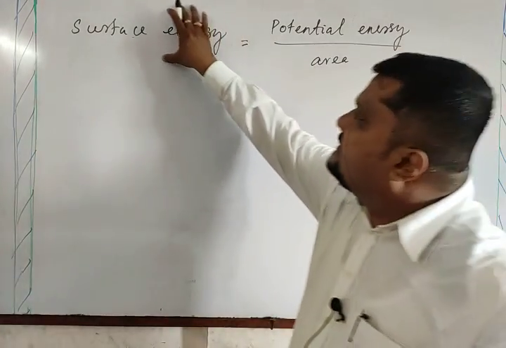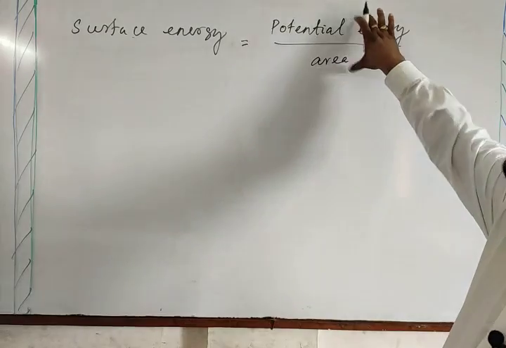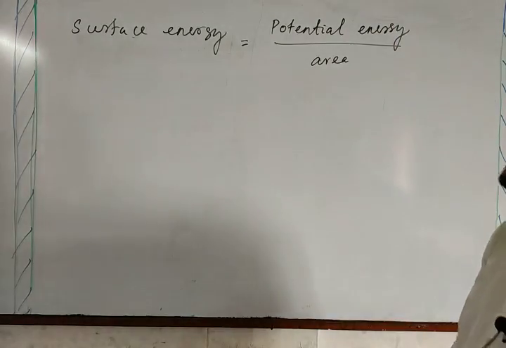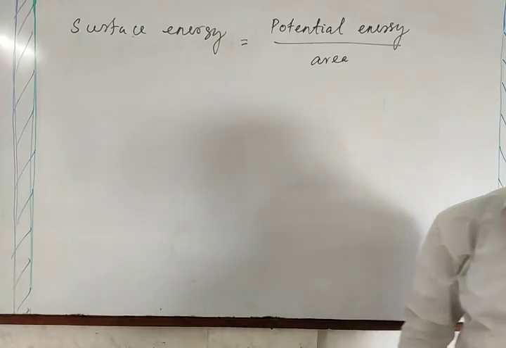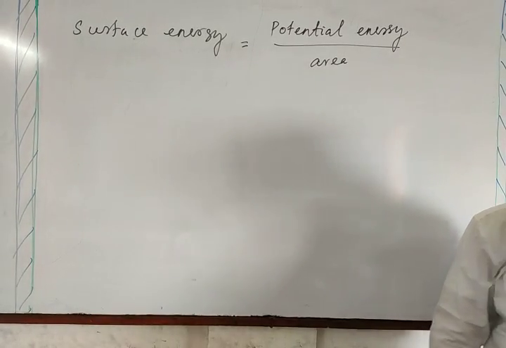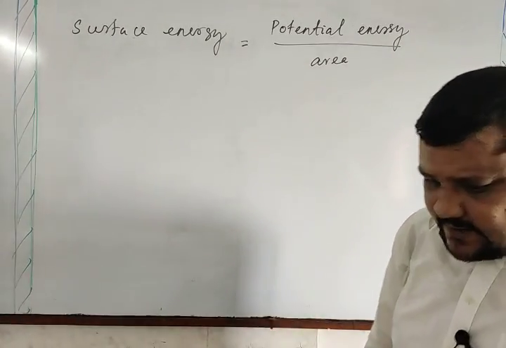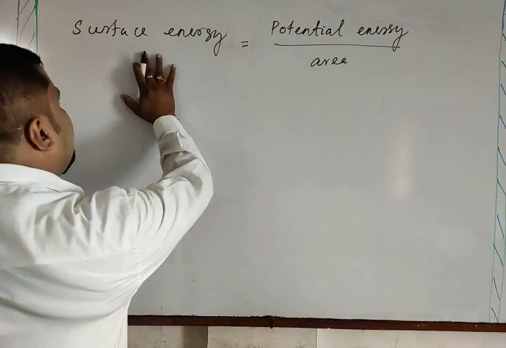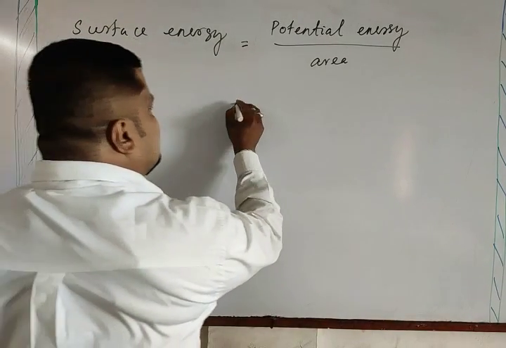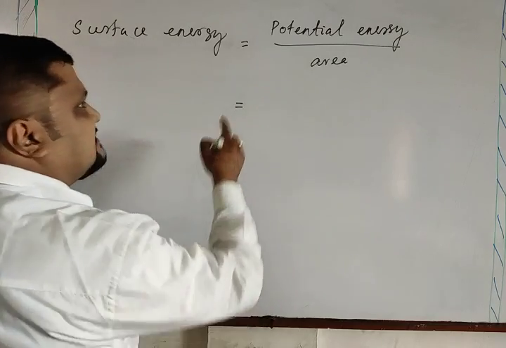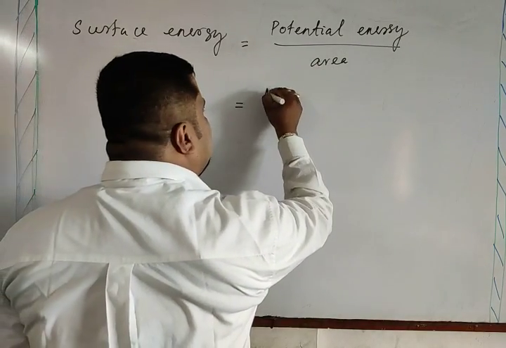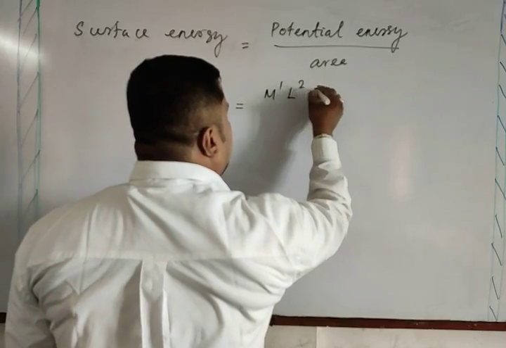Already you know the dimension of potential energy from the last video. So to calculate the dimensional formula of surface energy, we will go for the potential energy. Potential energy is M1 L2 T minus 2.